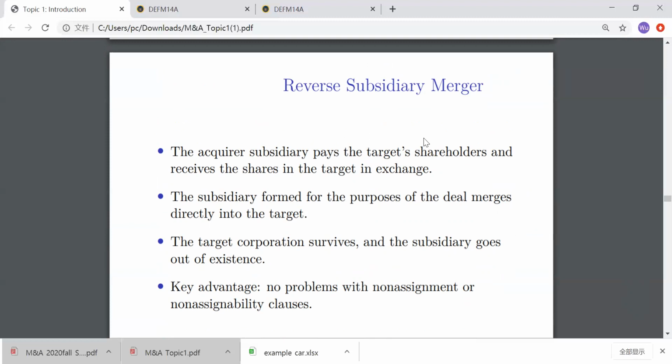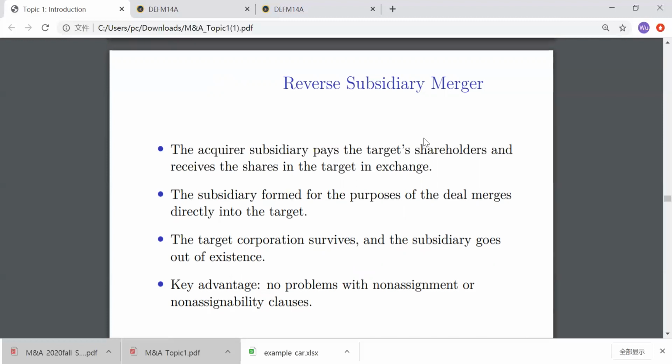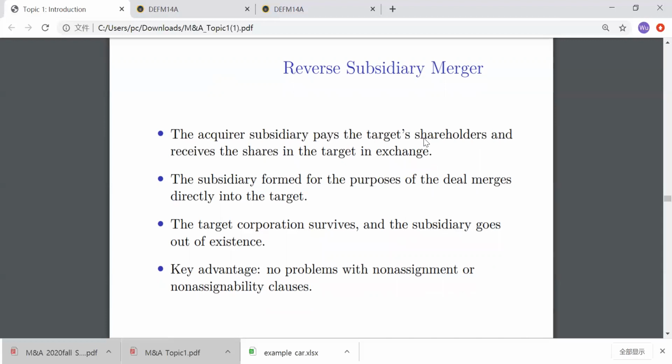It's not like the previous forward merger and forward subsidiary merger. In those two cases, the target company actually disappears. Here, the target corporation actually survives and the subsidiary goes out of existence. The key advantage of this reverse subsidiary merger is that there are no problems with non-assignment or non-assignability clauses.